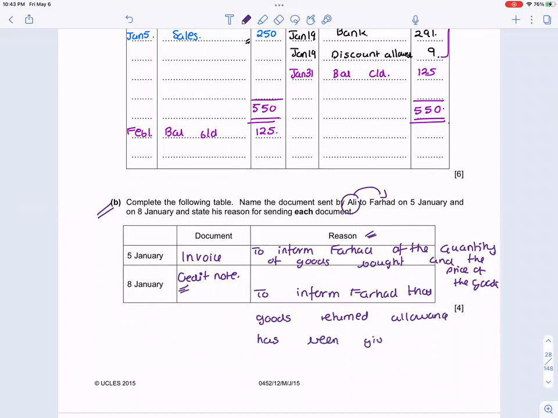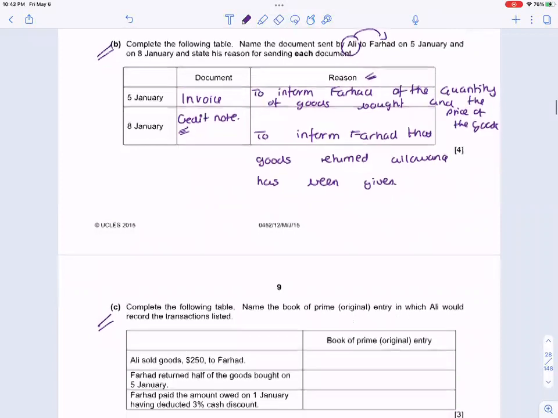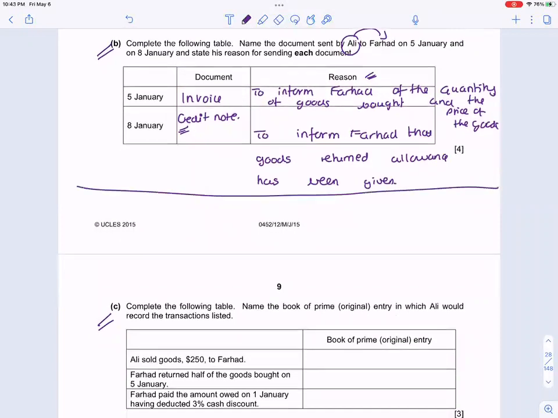Now listen to me very carefully, okay? I'm teaching you something which is logical. Who sold the goods on credit? Ali. To whom did he sell? To Farhad.